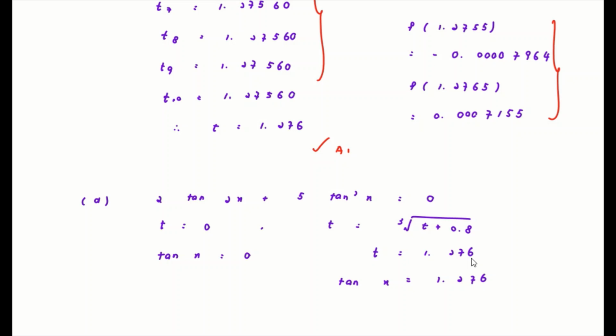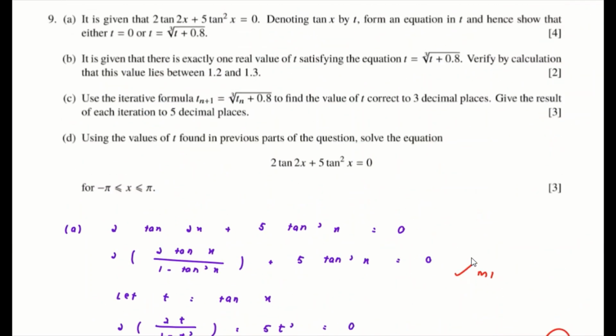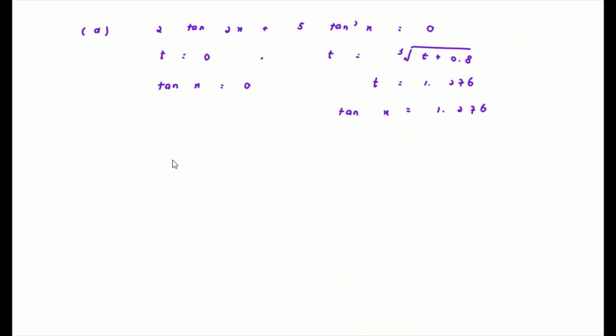So what is the interval given for this question? You need to solve it from negative pi to pi. Okay, so that is important. Okay, so in this case, the first one you have tangent x equals to 0.